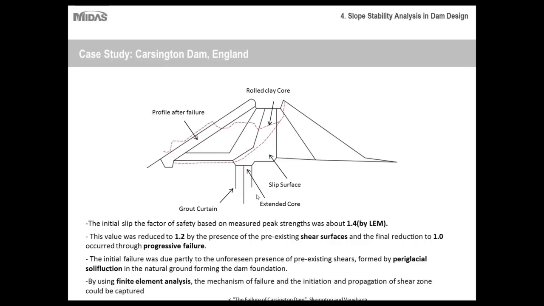This is a very good practical application of how finite element analysis could have been used. This is one of many projects that really brought finite element analysis to the forefront in terms of engineering.